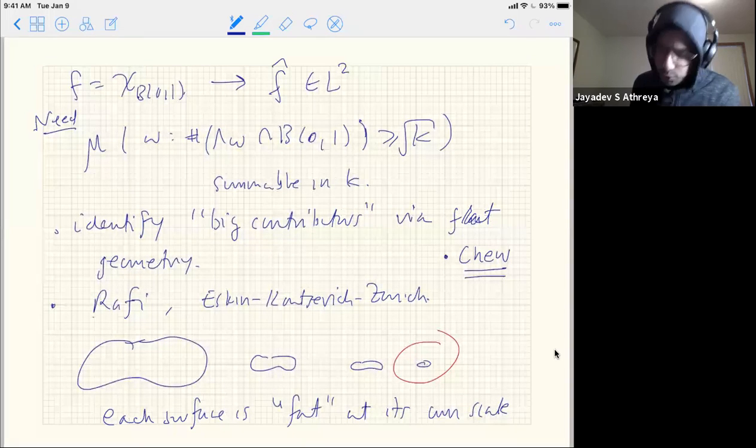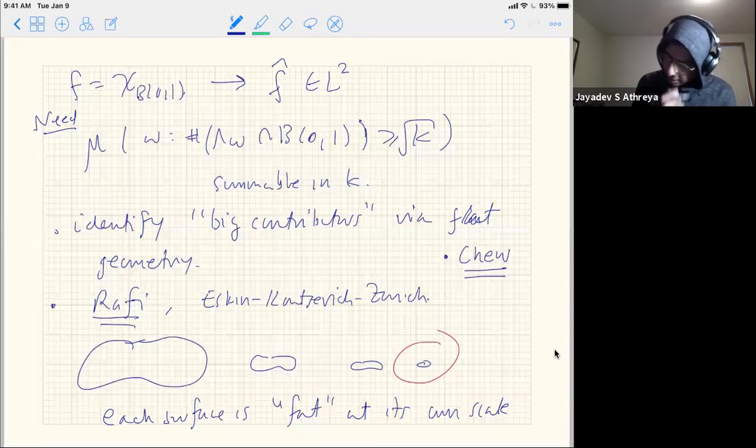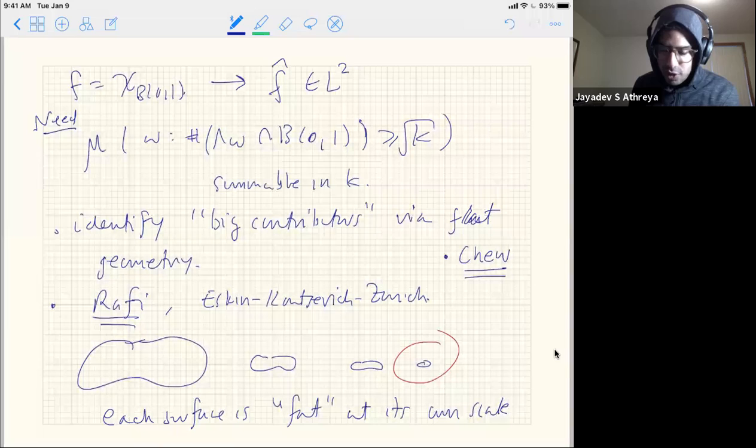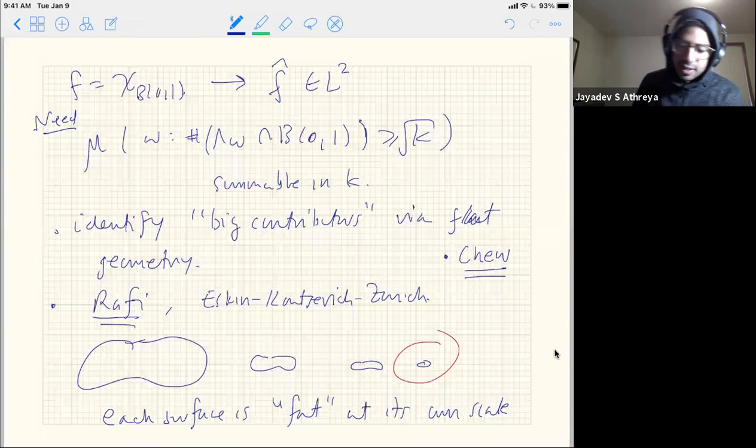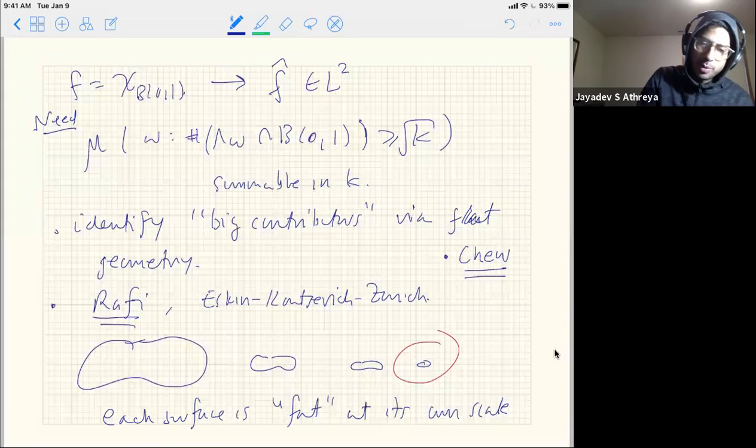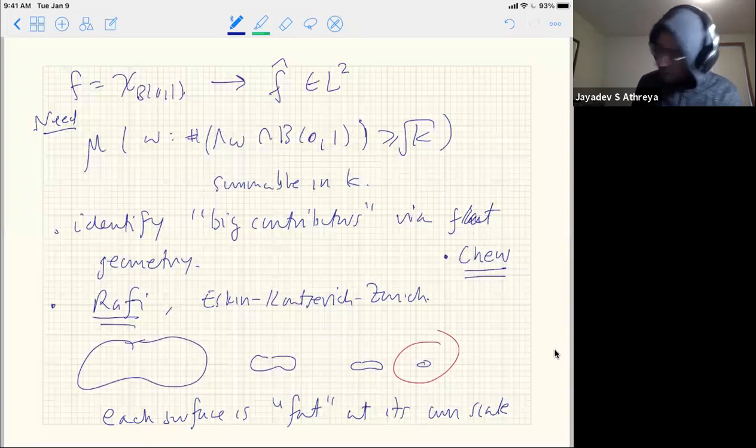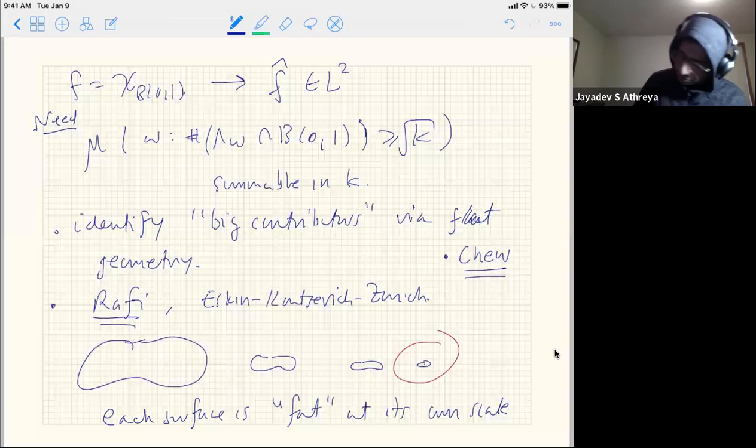The work of Rafi and the work of Chew are the crucial components to this measure estimate. I just like this story because I didn't expect I would be reading CS computational geometry papers when I was trying to prove this L2 result, but there you have it. You never know what you might need.